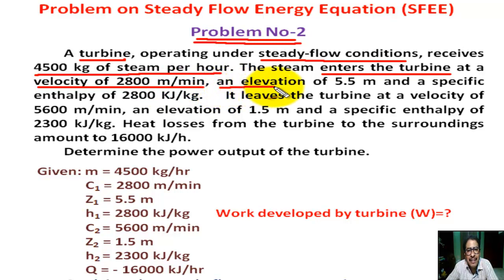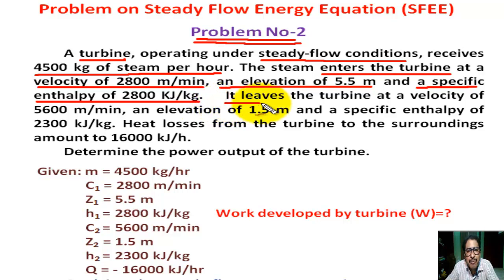An elevation of 5.5 meter, that means Z1, and a specific enthalpy of 2800 kilojoule per kg. Okay.